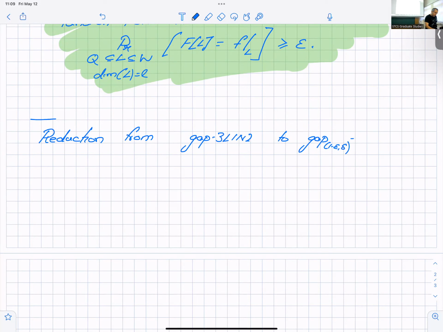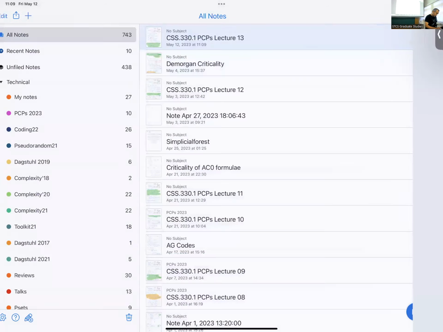What did I call it? What was the notation I used last time?